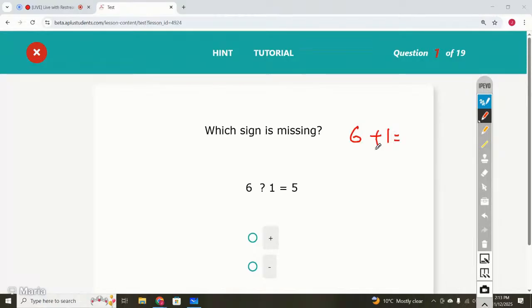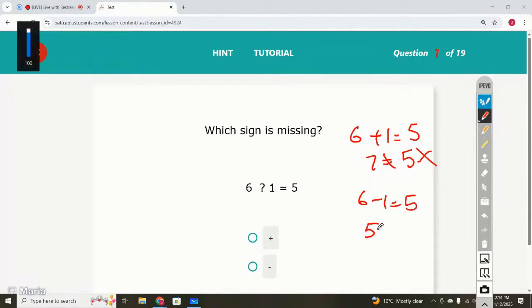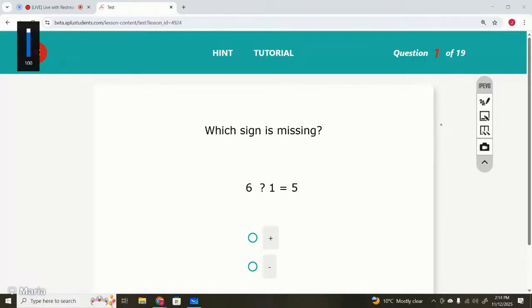Let's replace the sign with addition first. So 6 plus 1 is 7. 7 is not equal to 5. So that means that isn't the correct option, right? Now look at the other option, that is we can subtract. 6 minus 1 is 5 and 5 is equal to 5. So that means the missing sign is subtraction. Option number 2 is the correct option.